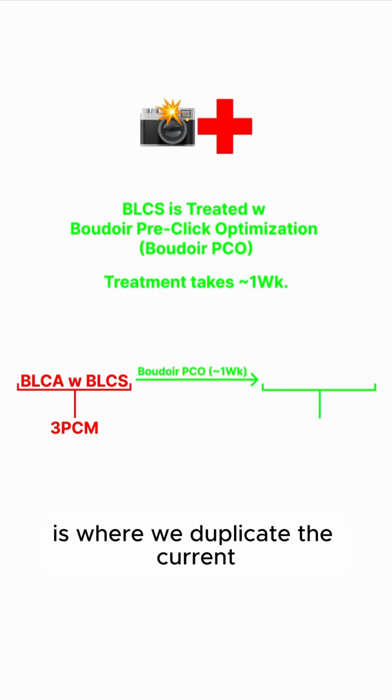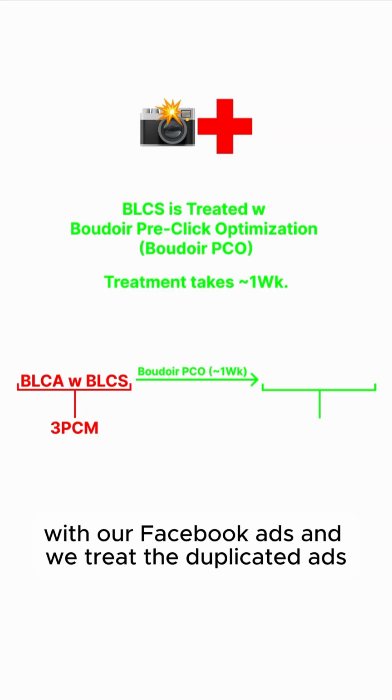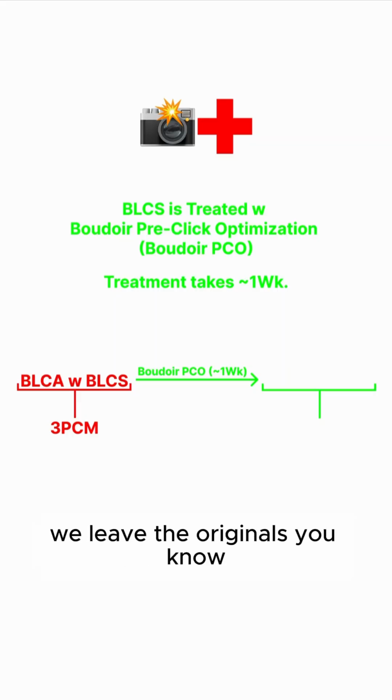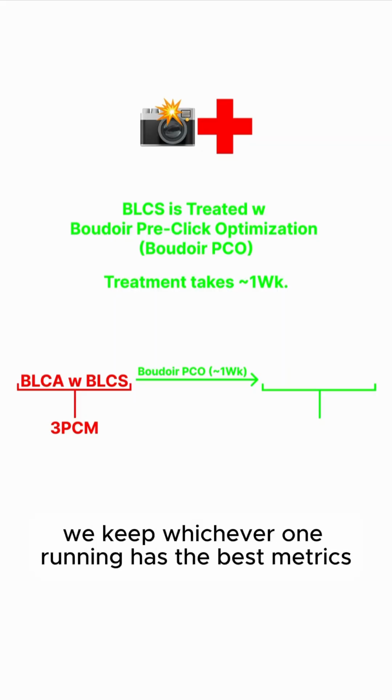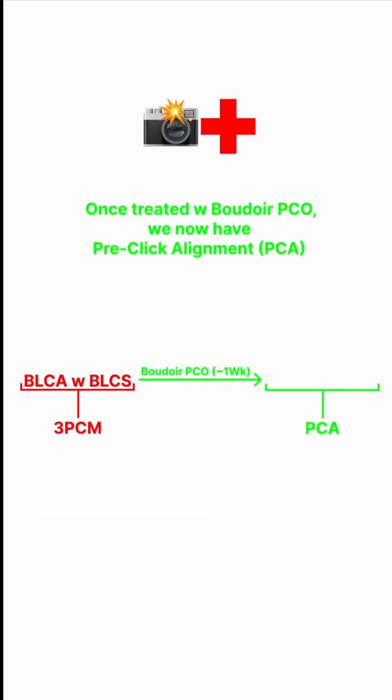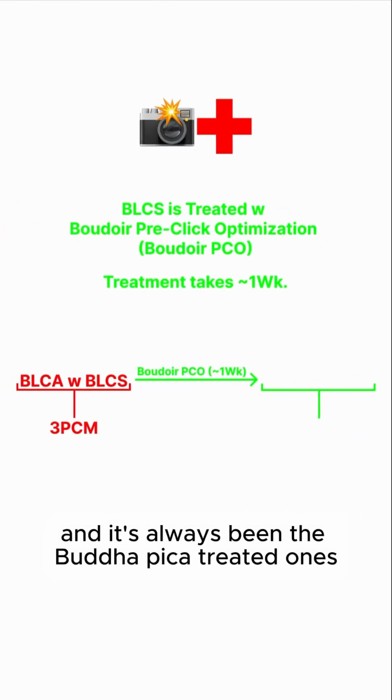Now, we invented this. This is where we duplicate the current Boudoir Facebook ads and we treat the duplicated ads. We leave the originals on or off, whatever. We treat the duplicated ones, and at the end of the week, we keep whichever one running has the best metrics. And it's always been the Boudoir Pico treated ones.